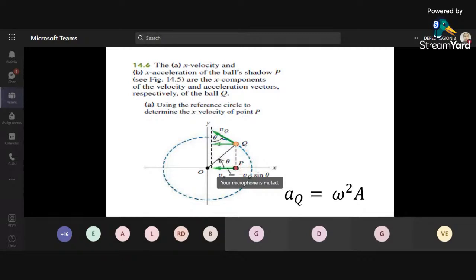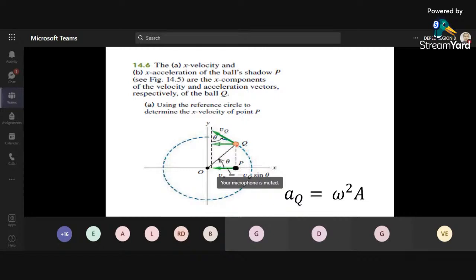So the acceleration of P is equal to the x component of the acceleration of Q. Right. Okay, remember, the motion of Q is in uniform circular motion. Alright.